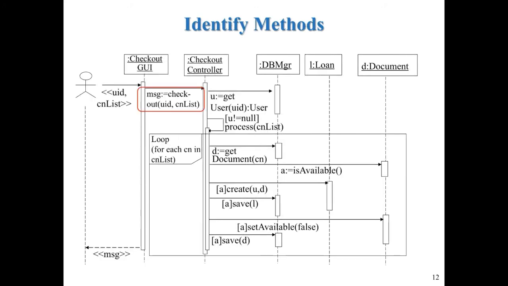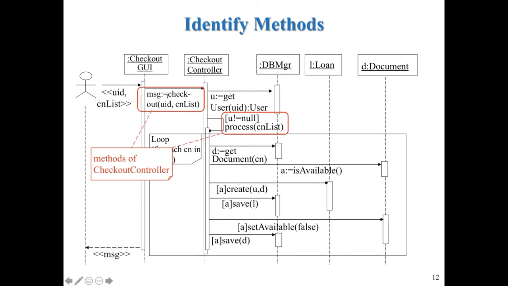See here, this is the first message, checkout, that we are identifying from our sequence diagram. Second message is process, and we are passing CN list to it.